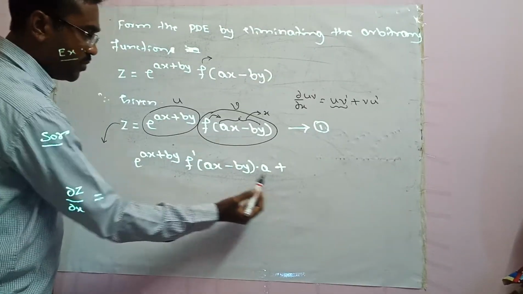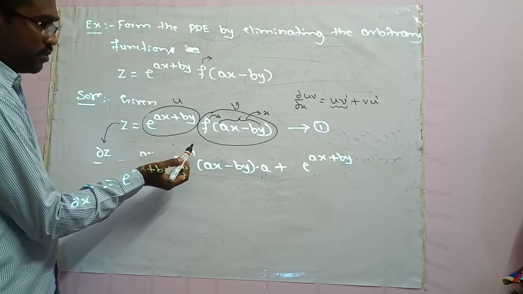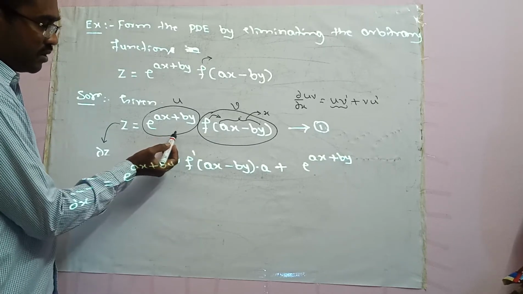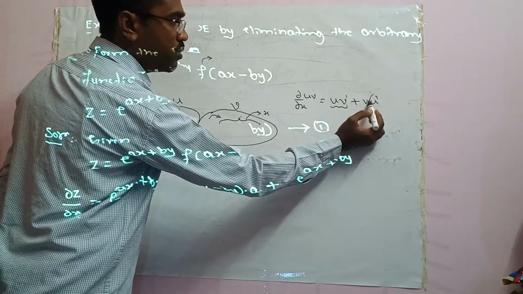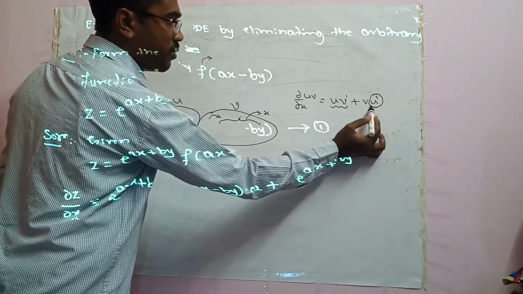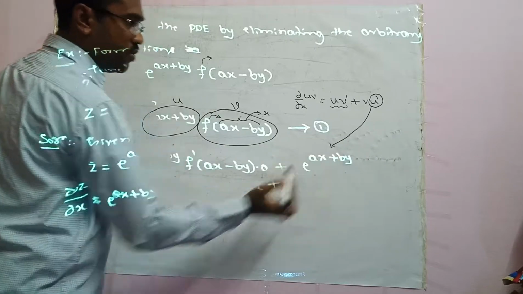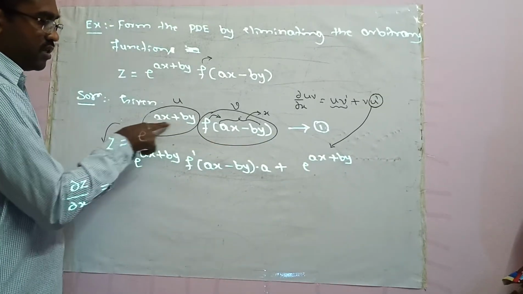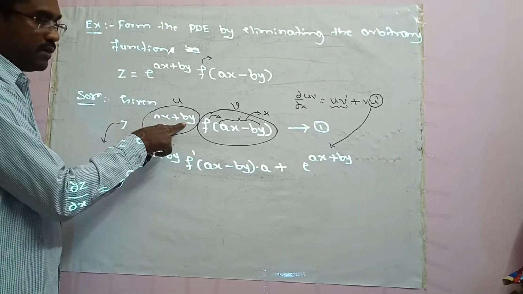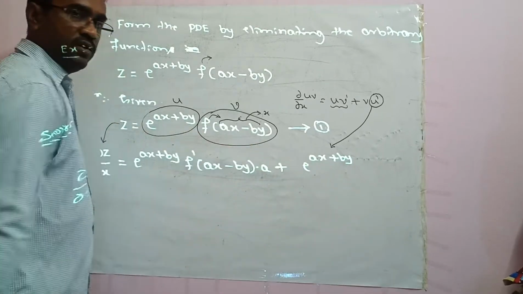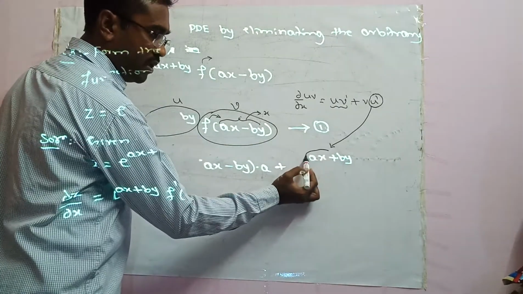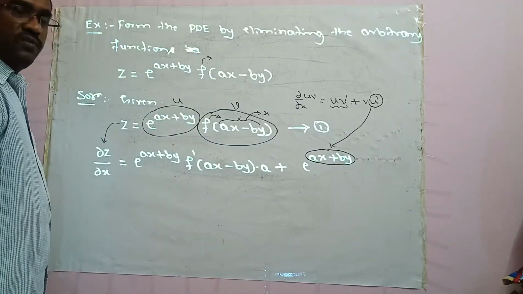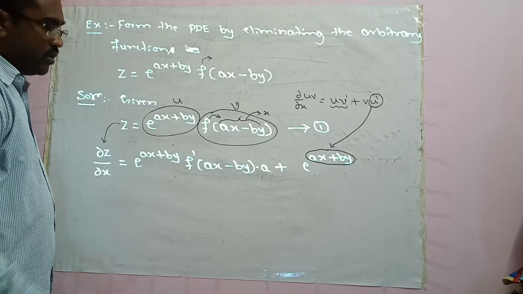Now plus, what we do? Differentiation of u, u dash. Let us differentiate now. What is the differentiation of e to the power x? e to the power x itself. But we have not only x, we have some other function. So it is a function of a function. Chain rule we need to use.